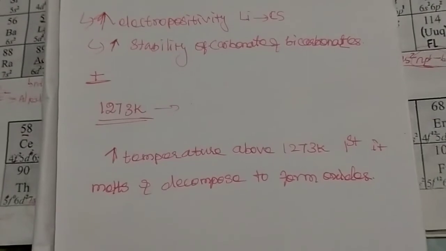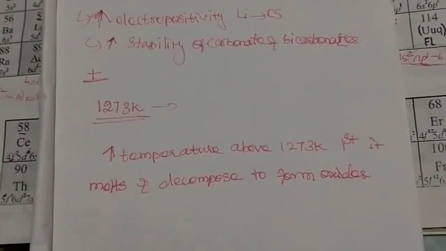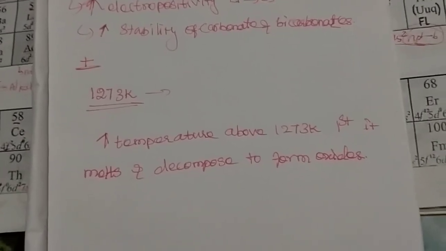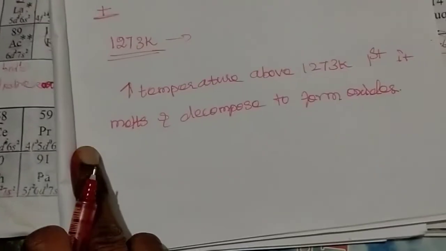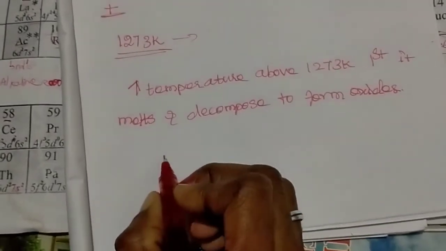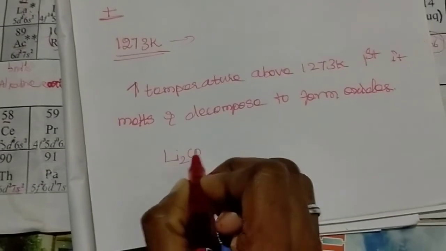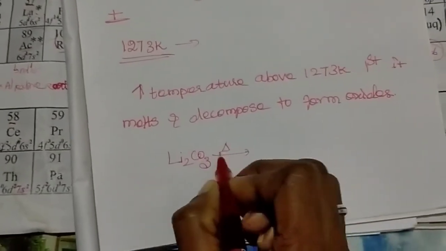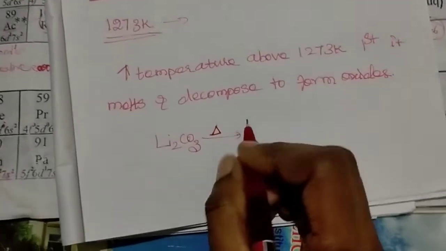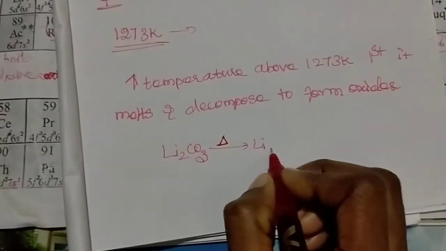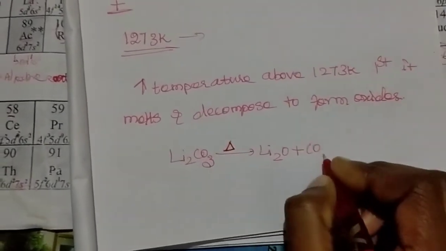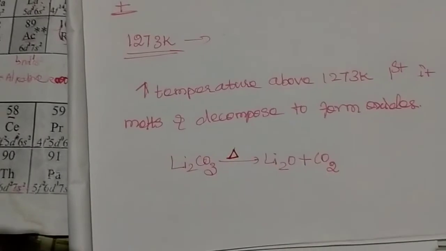But unlike all the other metals, lithium carbonate is less stable and decomposes easily. The decomposition of lithium carbonate is given in the equation. Li2CO3, when heated, produces Li2O, lithium oxide, and carbon dioxide as a byproduct.